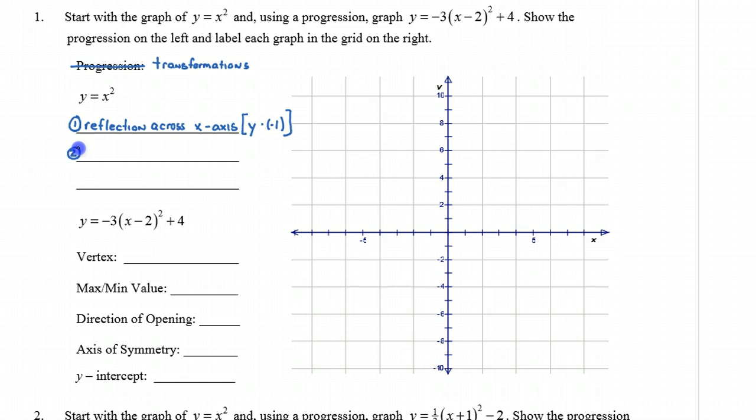The next transformation we want to account for is a vertical stretch by a factor of 3. So that's what's happening in words. Mathematically, we take each y value and multiply it by 3.